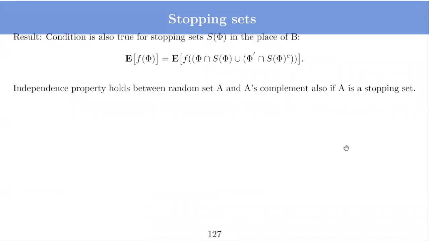This can be extended to a stopping set: instead of deterministic B, I can use a stopping set. If there is a stopping set for phi, then whatever is the PPP inside it, I can replace the PPP outside it with an independent copy, and combine this way, and whatever PPP I get, the distribution of the same property does not change.